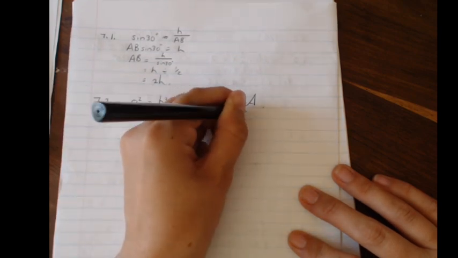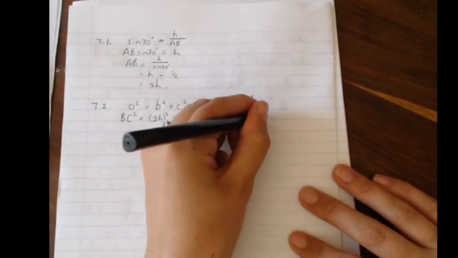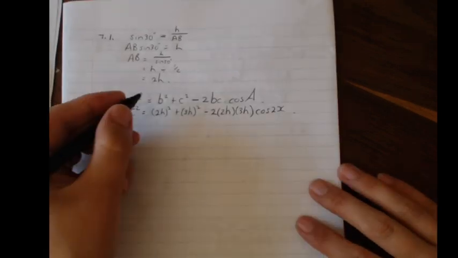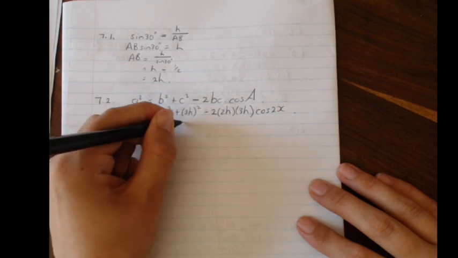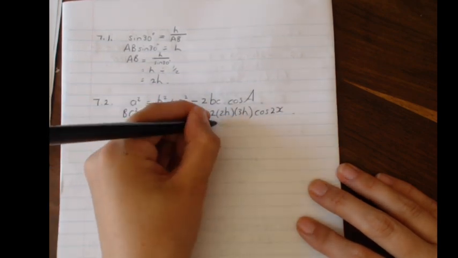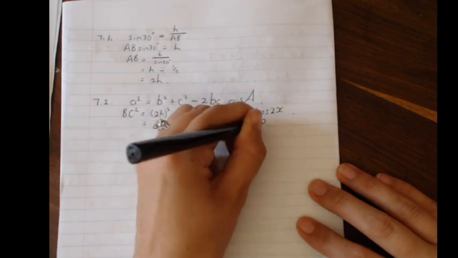And my a angle is 2x, so cos 2x, and this is now BC squared is 4h squared plus 9h squared minus 2 times 2 times 3 is 12 h squared cos 2x.